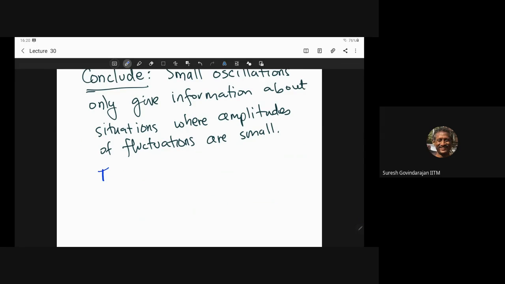So they miss out on the physics or the behavior when the amplitudes are not small.